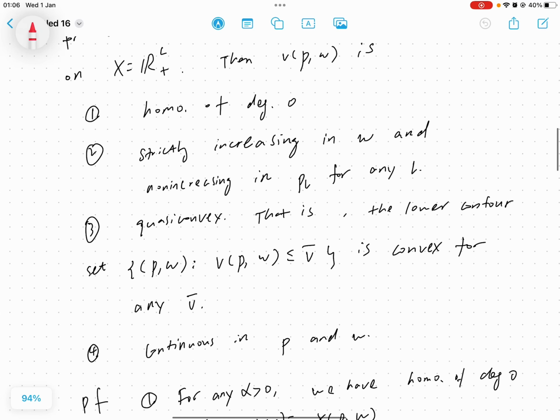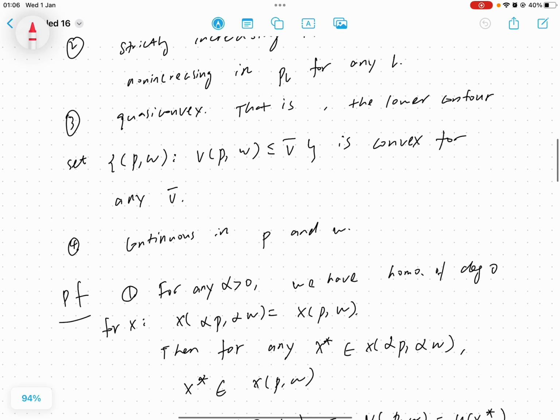The first one, which we have already seen previously, is homogeneity of degree zero. This looks very easy to prove. The second one is strictly increasing in w and non-increasing in the price p_l for any commodity l. And the third one is called quasi-convexity.